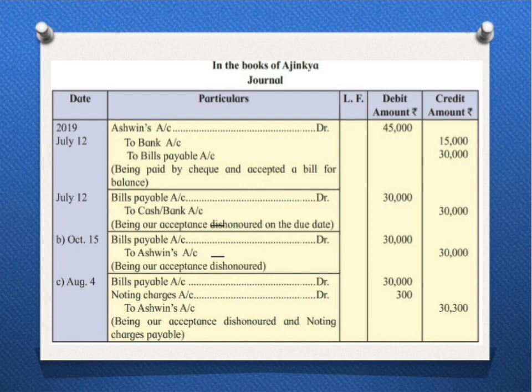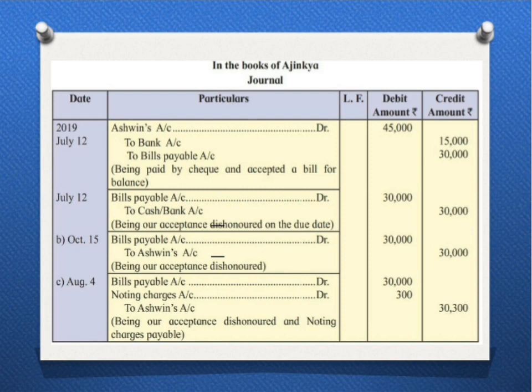Then the second case, if it gets dishonored, then bills payable account debit, to Ashwin's account, and the noting charges are payable by Ajinkya. Bills payable account debit, noting charges account debit, to Ashwin's account, being our acceptance dishonored and noting charges payable.